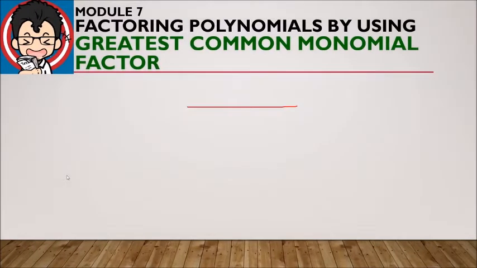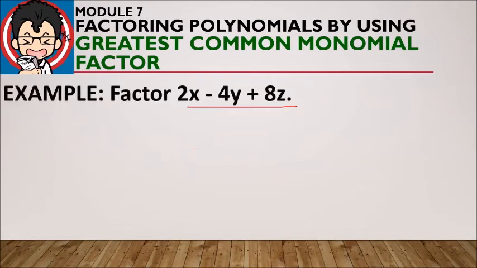So, let's start with factoring polynomials by using the greatest common monomial factor. And for this example, we are asked to factor 2x minus 4y plus 8z.